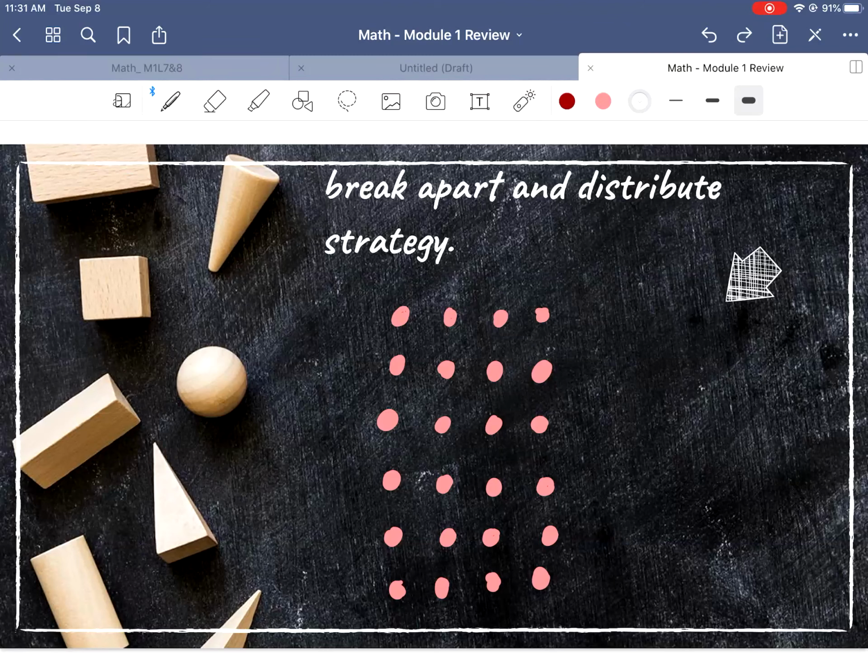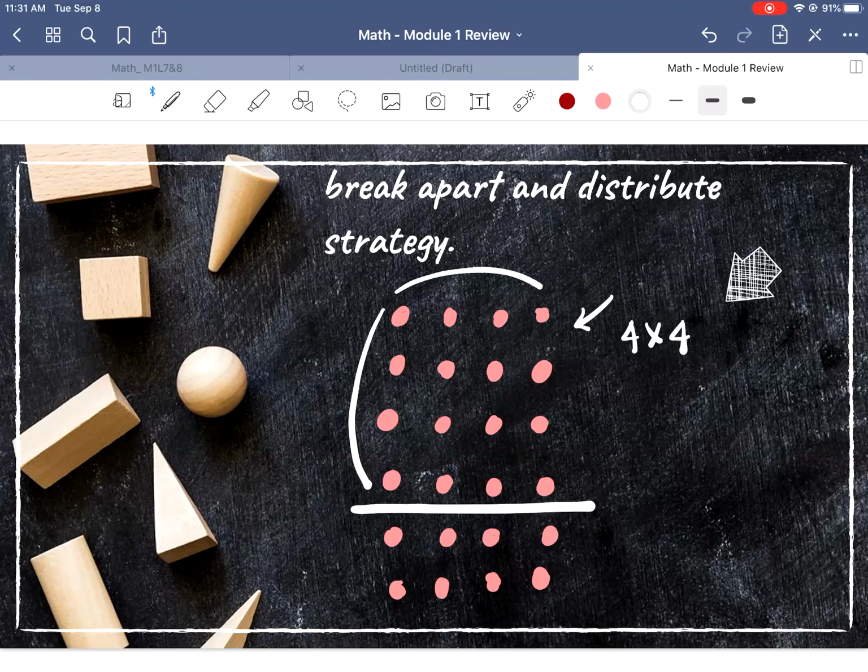But instead of this, we can actually split this array into two parts like this and do two calculations. First, I look at the top part and I get this multiplication equation, which is 4 times 4, because I have 4 rows and 4 columns.